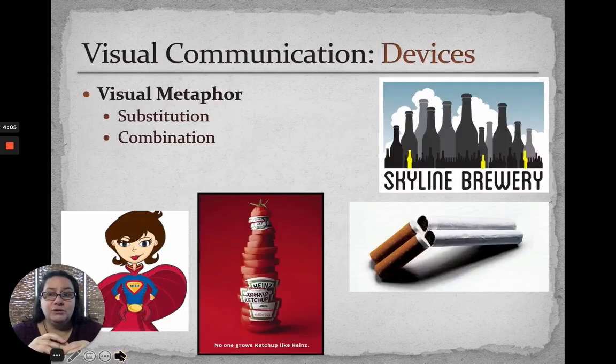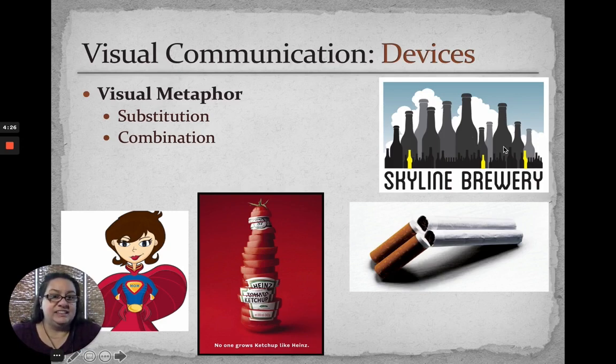All right, some communication devices: the visual metaphor. This can be a lot of fun. Substitution and combination are probably the best ways to use this device. For example, substitution are the ones on the right-hand side, and we have Skyline Brewery.